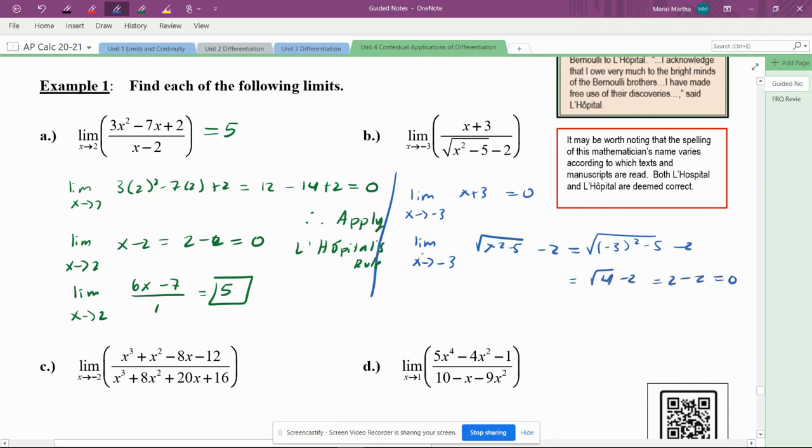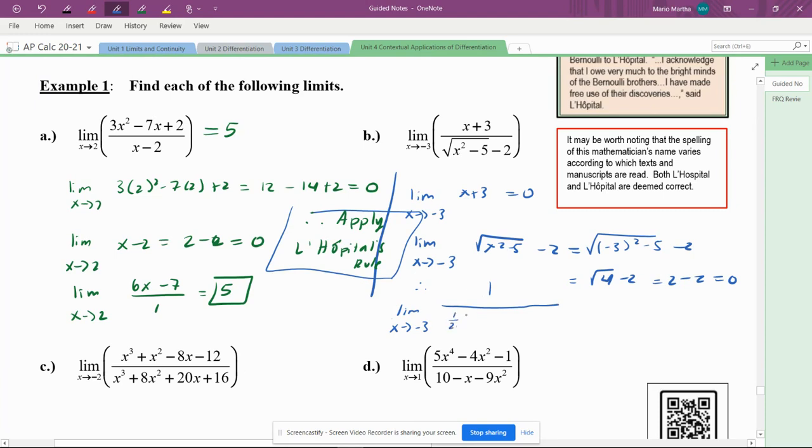So again, here we can apply L'Hopital's rule. You can always write this as many times as you want, just make sure you're stating that you're applying L'Hopital's rule. If we simplify, we're going to do the limit as x approaches negative 3 of 1 over, and in this case you're going to have to use the chain rule.